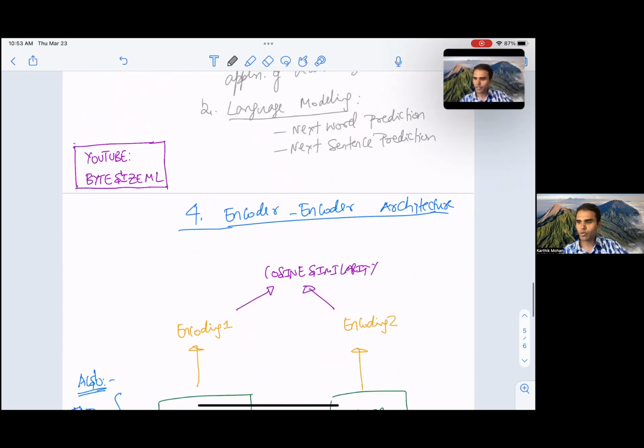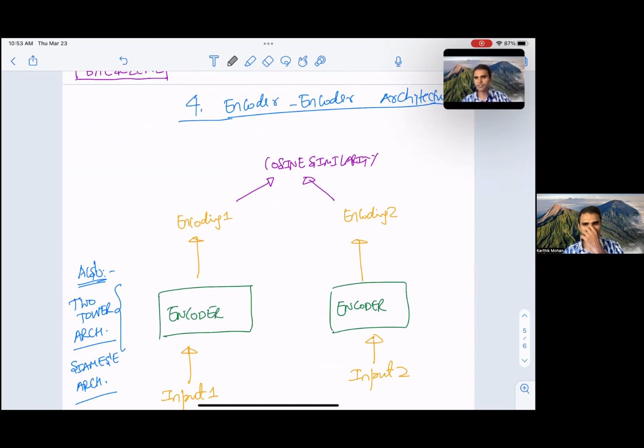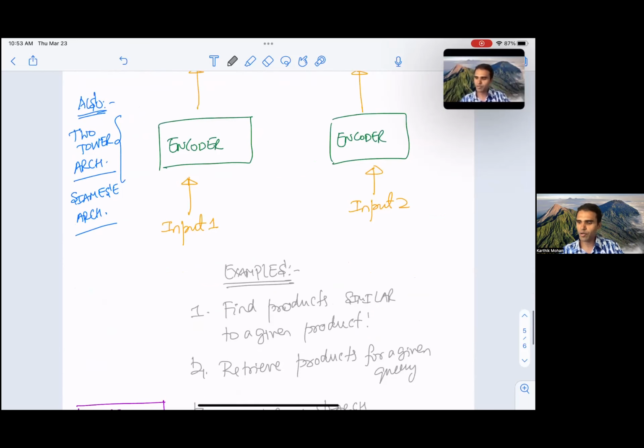Okay, and then we have the encoder-encoder architecture. This is something new, but I wanted to tie it up in one place, because this is not something that we see as a typical application of transformers, but it gets used specifically in recommender systems. If you want to find products that are similar, given a product, find other products that are similar to this product, like given a paper towel, find me other products that are similar.